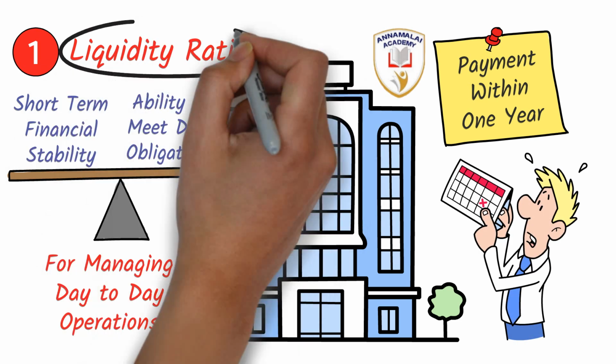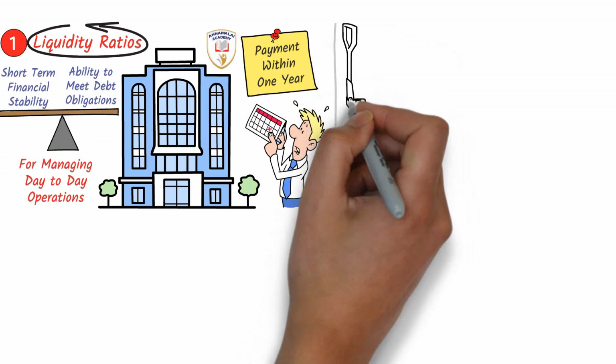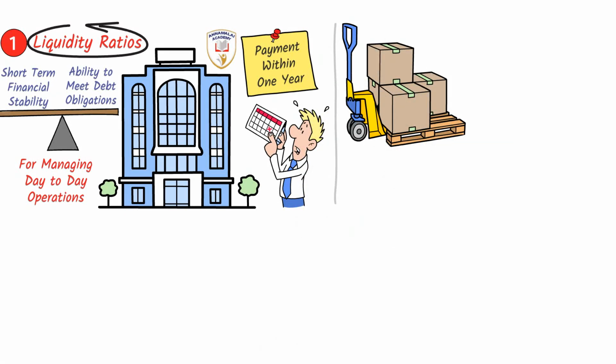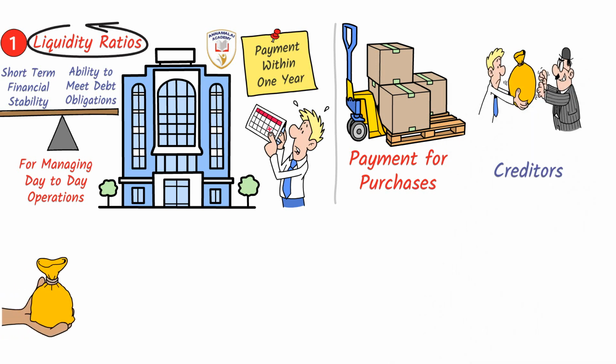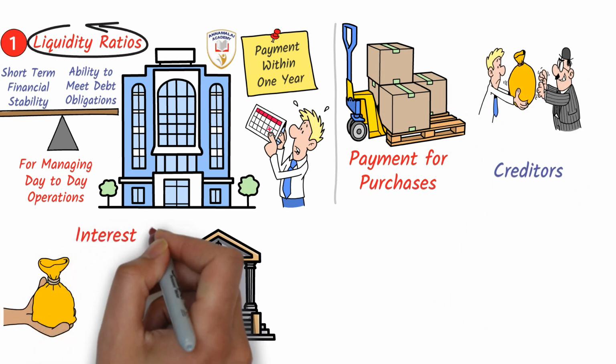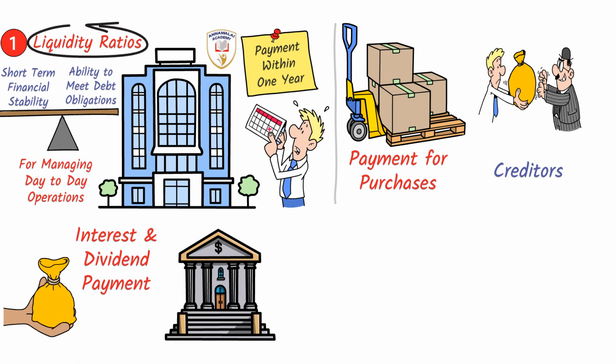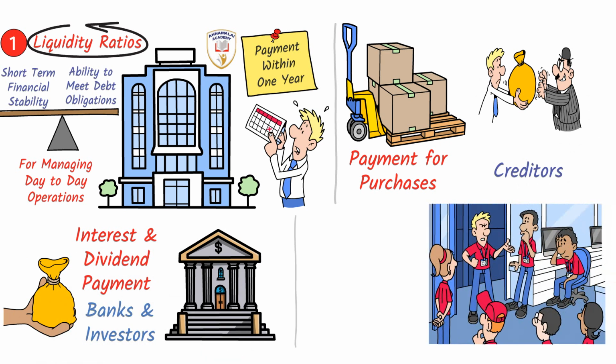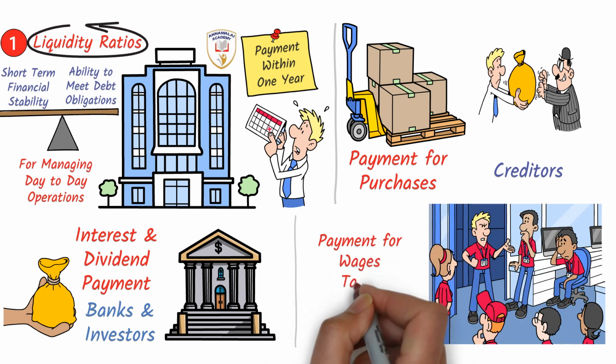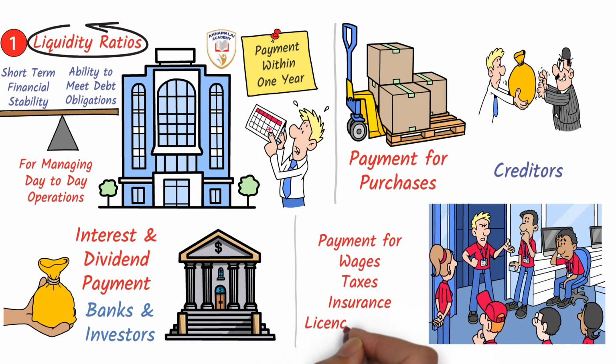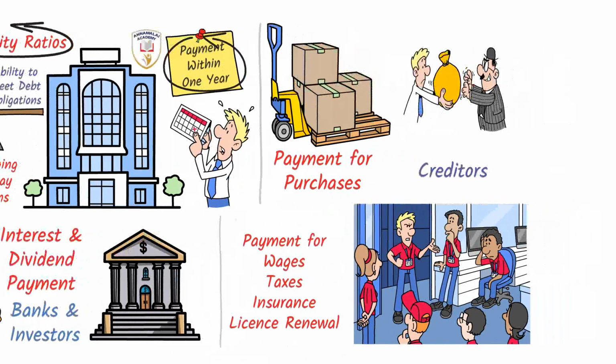The concern about these ratios are payment for purchases, that is for the creditors, payment of interest and dividend to the bankers, financial institutions and shareholders, and other regular payments like wages, taxes, insurance premium, license renewal aspects. These are concerned in the liquidity ratio.